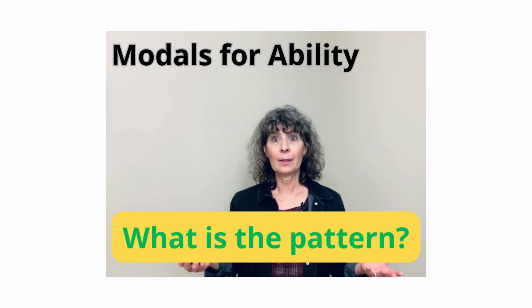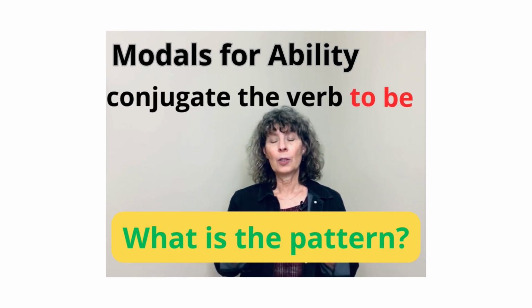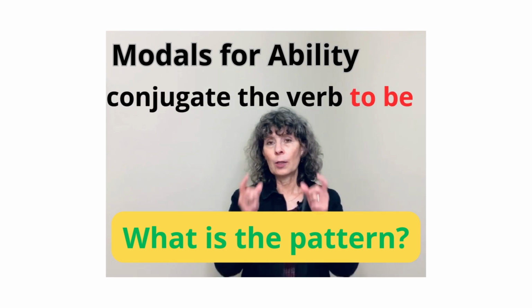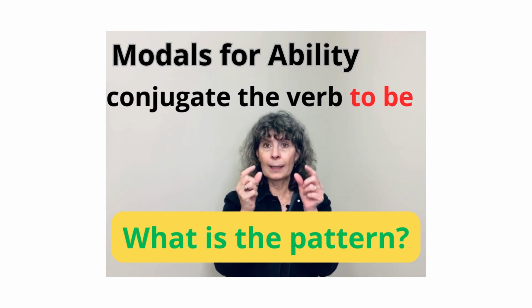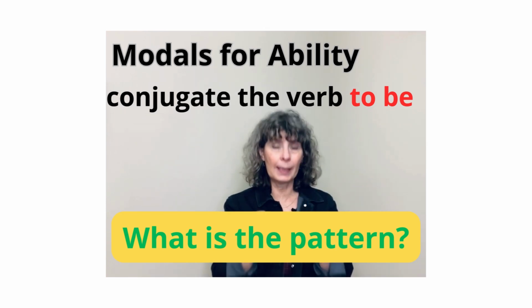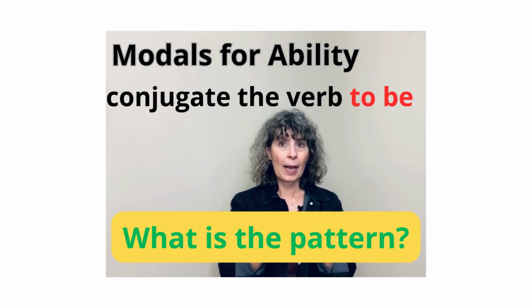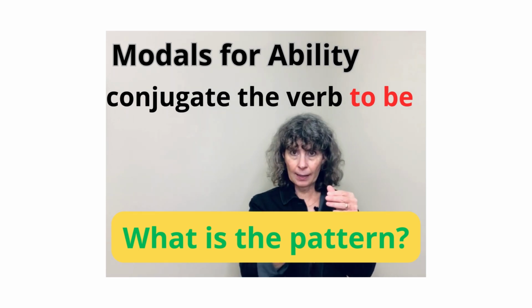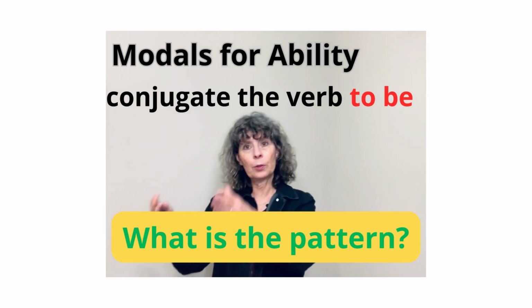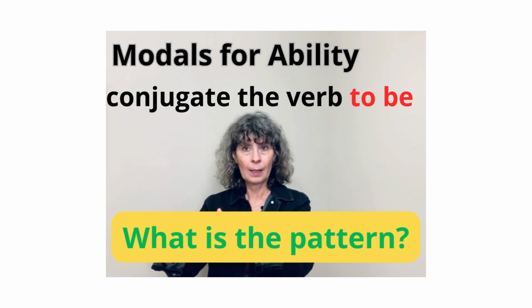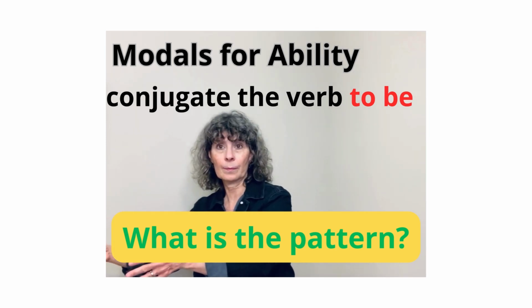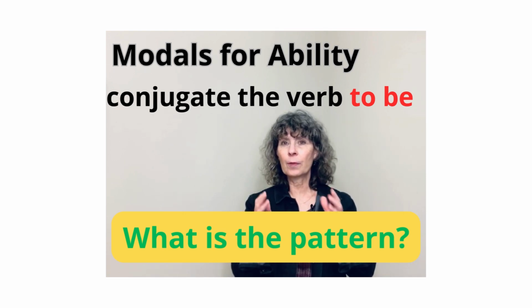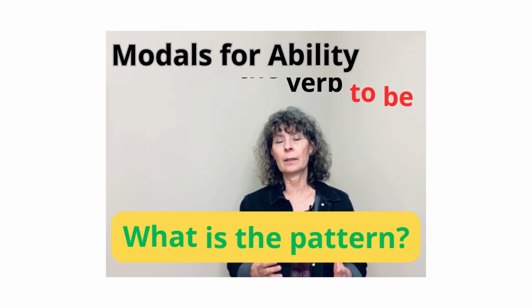Can you see the pattern? You conjugate it by looking at the verb to be in be able to and conjugating the verb to be. So you have be conjugated, able to never changes, to is followed by the base verb. So you see how it's the verb to be here that is conjugated.